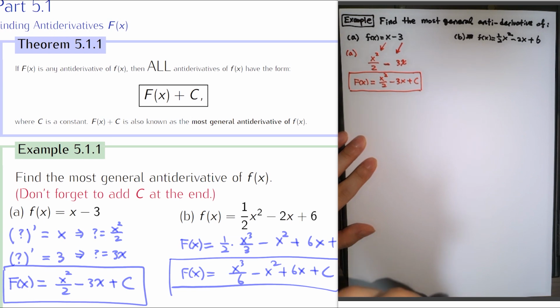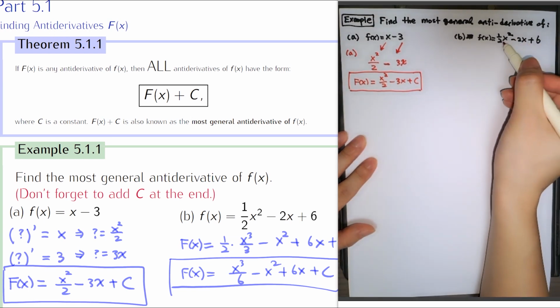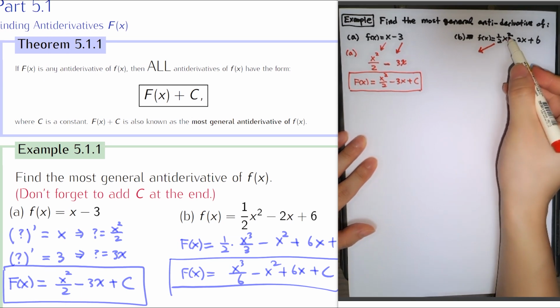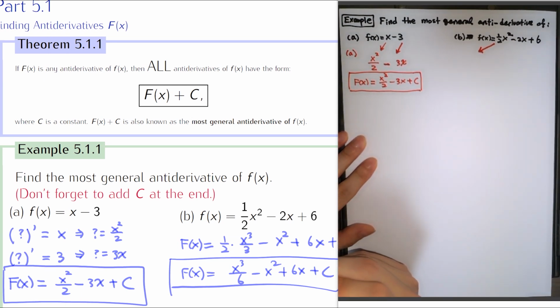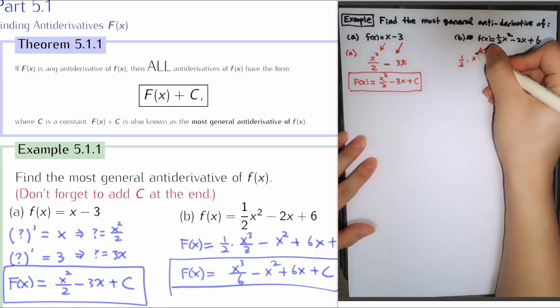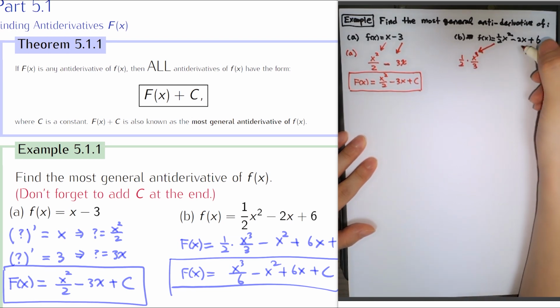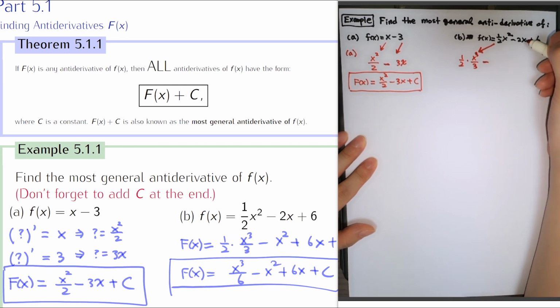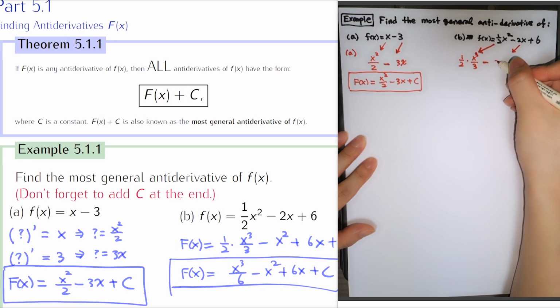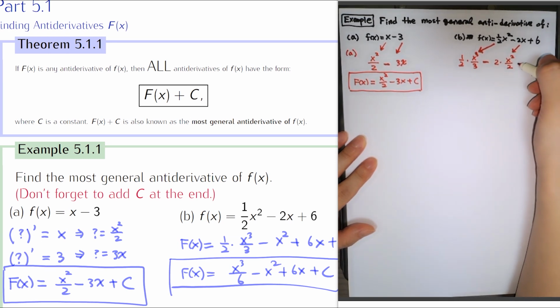Part B, we have exactly the same plan. We're going to find the antiderivative term by term. For 1/2 x squared, its antiderivative becomes 1/2 times x cubed over 3, and then minus. The antiderivative of 2x becomes 2 times x squared over 2, like so. And then the antiderivative of 6 becomes 6x.